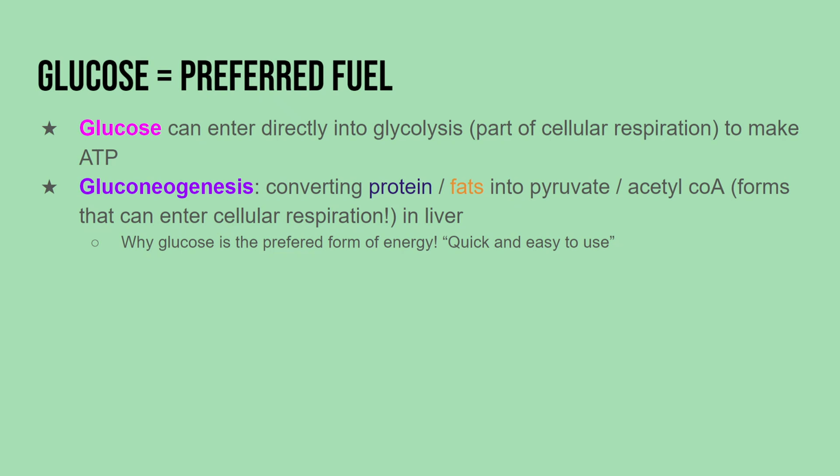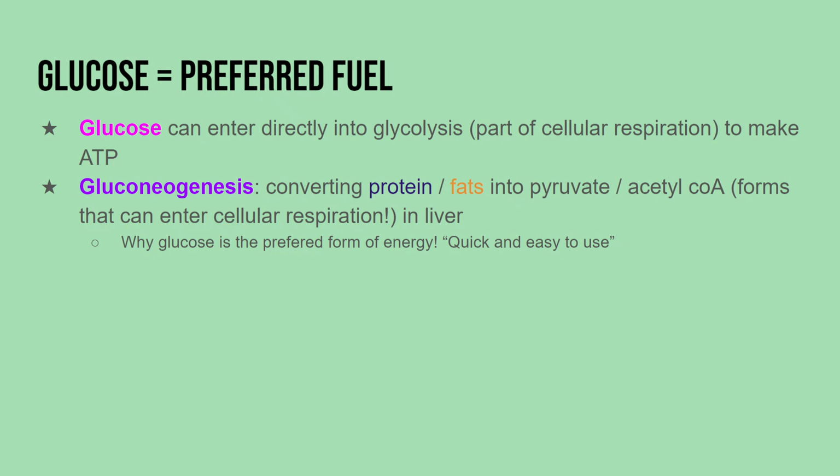So going off of that, glucose is the preferred fuel because it can enter cellular respiration directly from the beginning. Gluconeogenesis, again, is converting the fats or proteins into pyruvate or acetyl-CoA that can then enter cellular respiration. Another note is that gluconeogenesis only occurs in the liver.